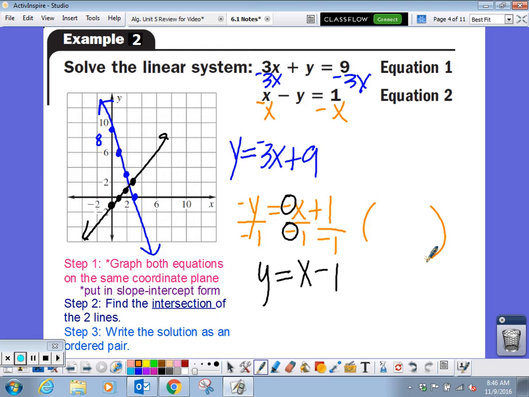So it looks like it's probably about, you know what, we'll even be nice with this. We'll just say it's at 3.1. It's not exactly 3.1. It ends up being a decimal, but we're just going to say it's 3.1. But again, if you were given something like that, you could do it in your calculator. The ones we give you on the homework are going to be really pretty, so you won't have to worry about that.